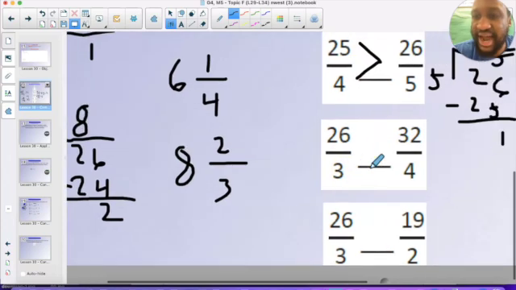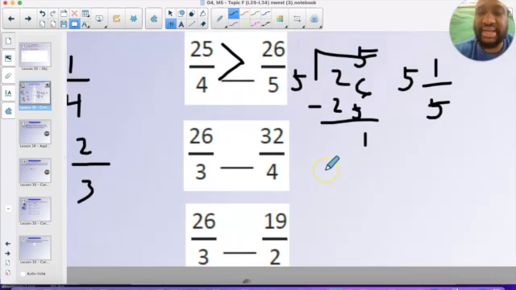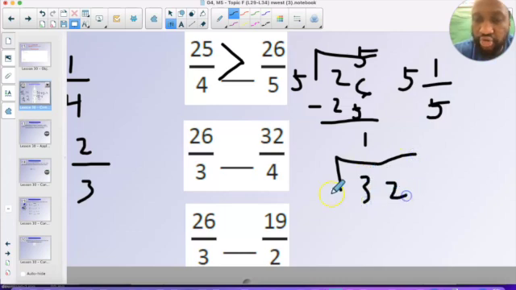Same thing on this side. I have 32/4. I'm trying to figure out how many times I can take 4 away from 32. So 32 is in the box. 4 is the amount of groups that it takes to make a whole. It takes 4 pieces to make a whole. So how many groups of 4, or how many wholes, can I take out of 32?